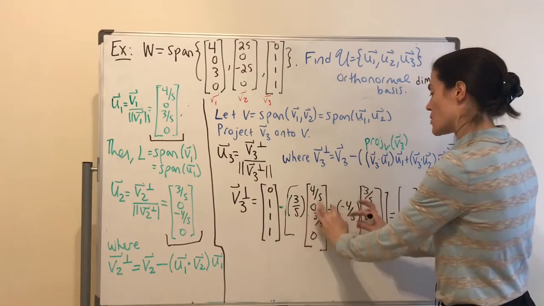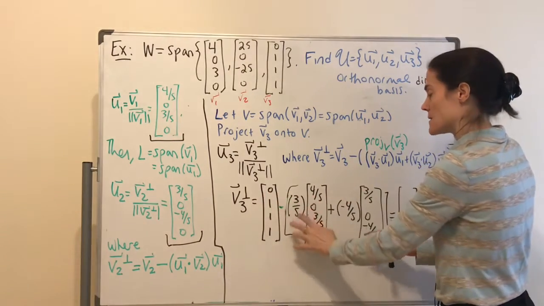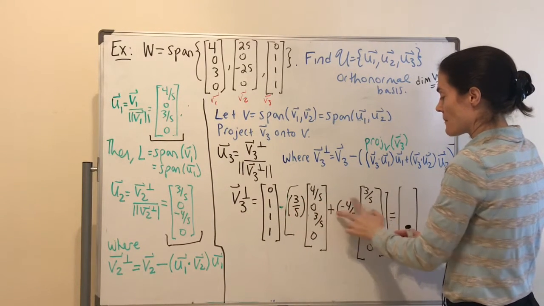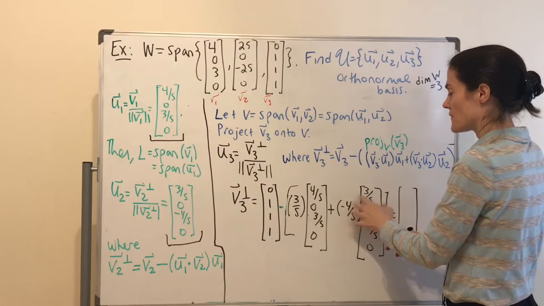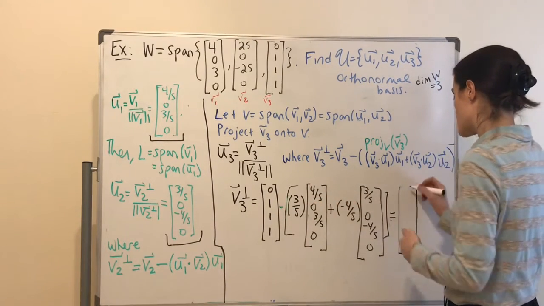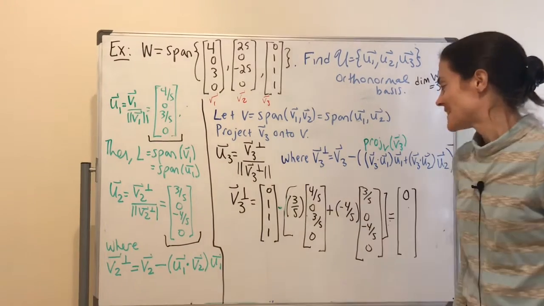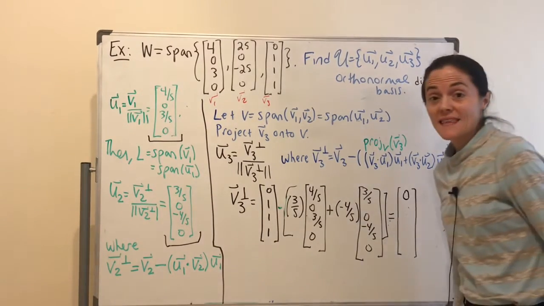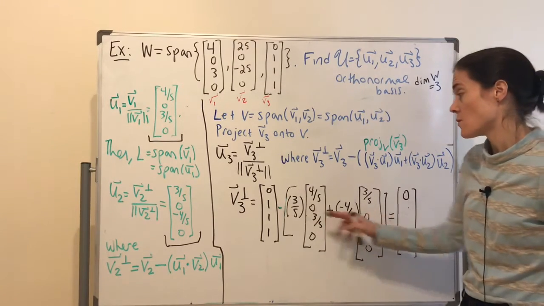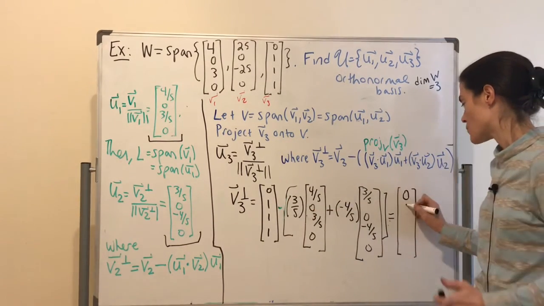So maybe I'll compute what's in here, and then I will take this minus that. So what's in here, I have 12 over 25 minus 12 over 25. This is 0. 0 minus 0 gives me 0. Okay. Now I'm on the second entry. I have 0, 0. 1 minus 0 is 1.